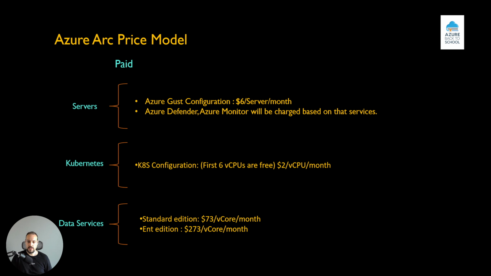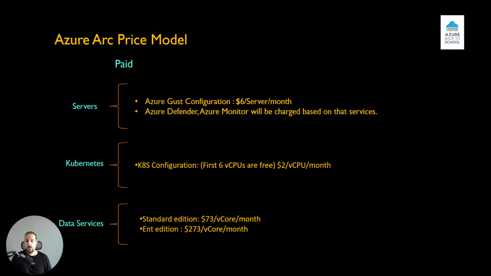Moving on to data services, there are 2 plans on the table. The Standard plan comes in at $73 per virtual core per month. But do keep in mind there is a minimum requirement of 1 virtual core across all scenarios.